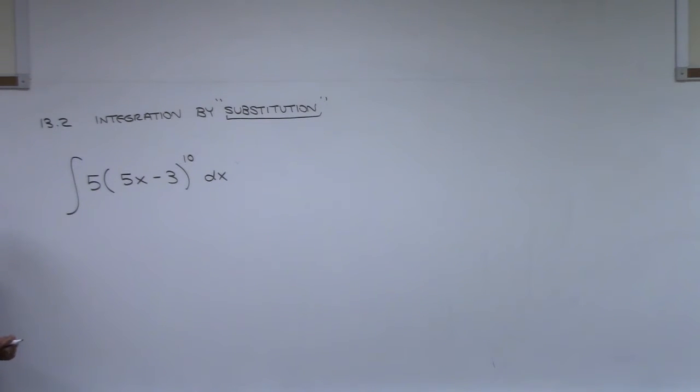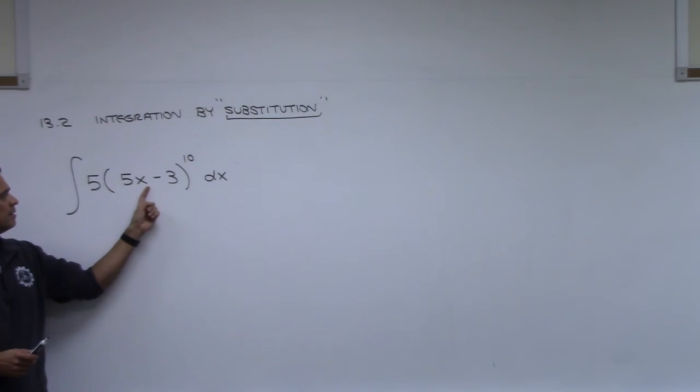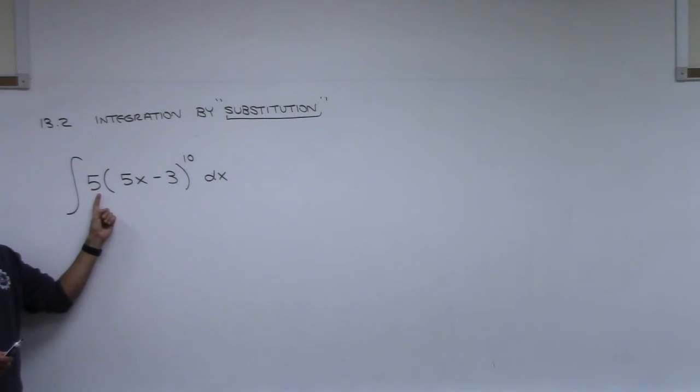Do you see something in its derivative here? The 5x minus 3, what's the derivative of that? 5. And you see a 5 there?